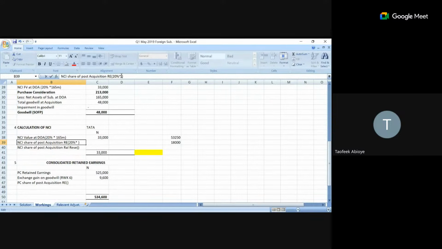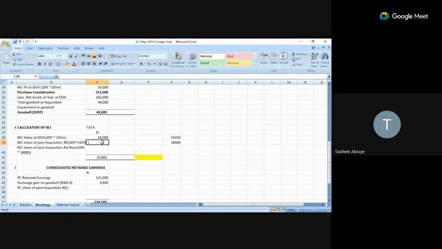of 53,250. Then NCI share of revaluation reserve is how much? Equally 20% of 18,000.